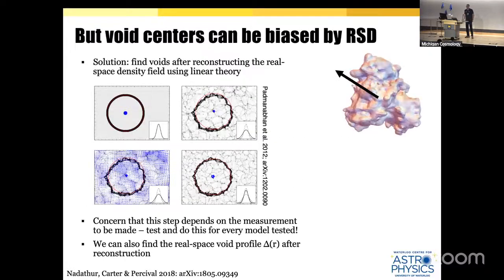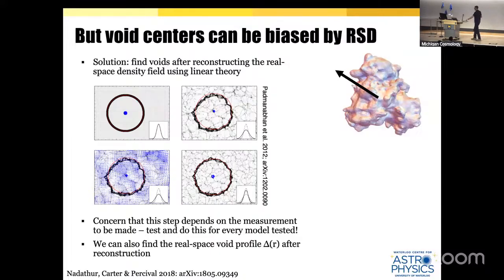So voids is at stage 3 of this. And two key problems are that void finding is very difficult to model. So if you want to look at RSD and Alcock-Paczynski effects with voids, you have to worry that the voids themselves might be biased by how you're finding them and the effect of redshift space distortions and Alcock-Paczynski on those voids themselves. So let me give you an example.